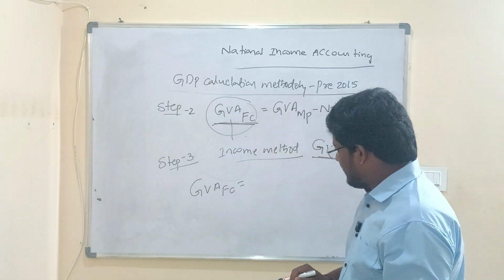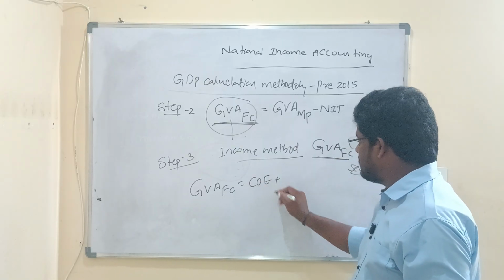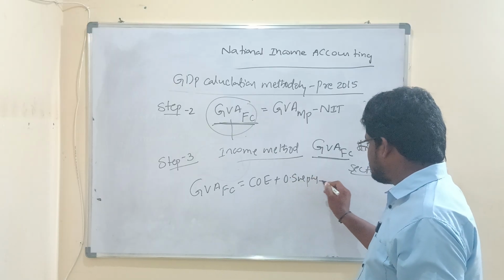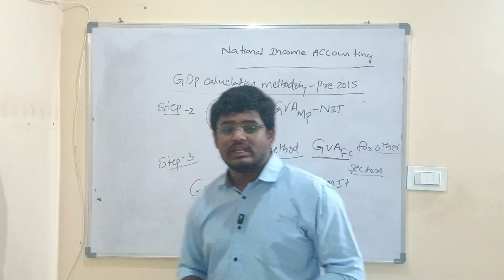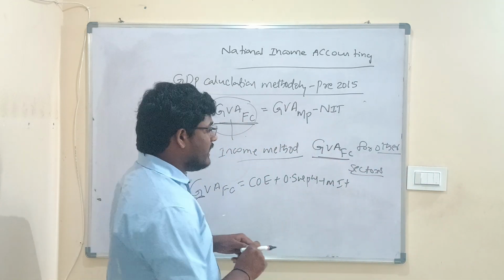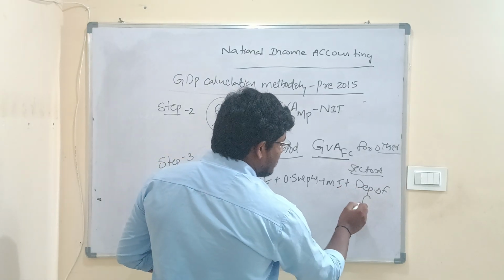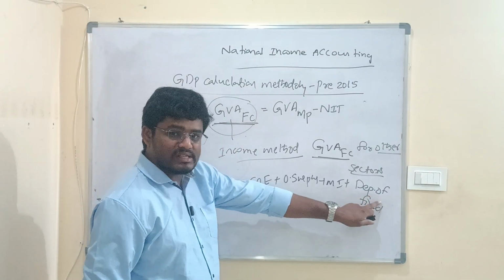Now GVA at factor cost can be written as the compensation of employees plus operating surplus plus mixed income of self-employed, plus, since we are using the term gross, we need to add the provision for depreciation of fixed capital. If we use the term net, we should deduct the depreciation.